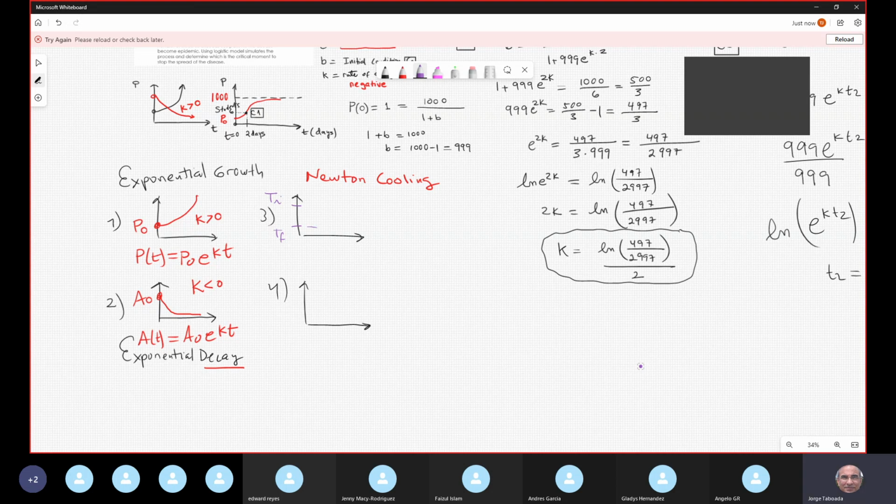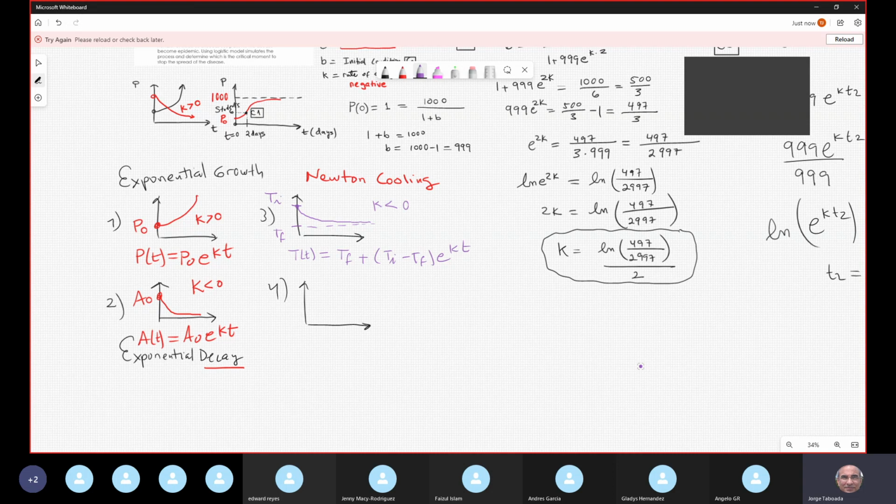The temperature decreases to the final temperature, the temperature of the room environment. The formula for Newton says the temperature at any time is equal to the final temperature plus the initial temperature minus the final temperature, times e to the kt. In this case, k is negative again because it's decreasing.